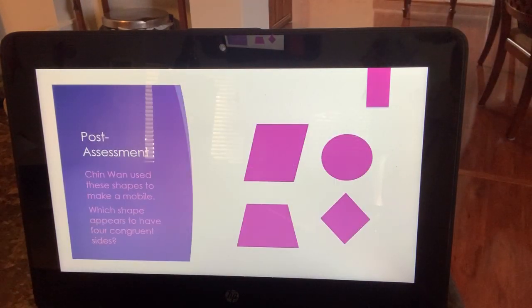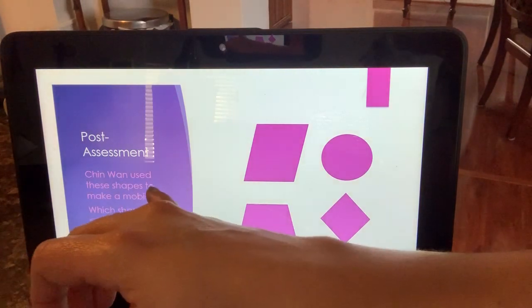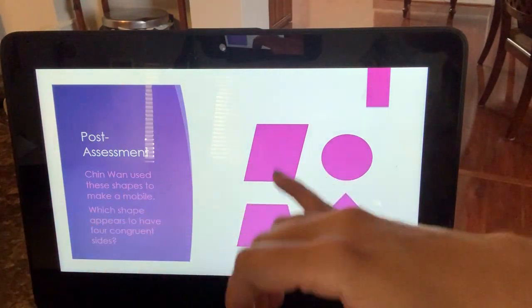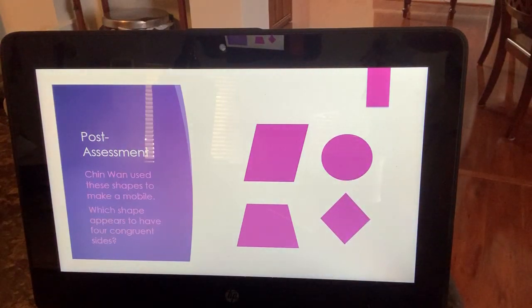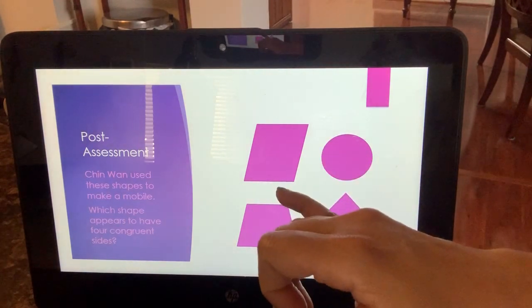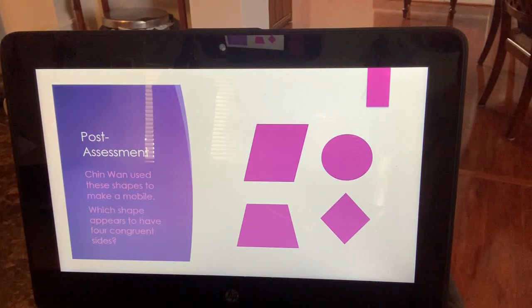Now I'm going to ask you again the same question I asked you at the beginning. Chen used these 4 shapes to make a mobile. Which shape appears to have 4 congruent sides? If you look at them, which one seems to have 4 congruent sides?